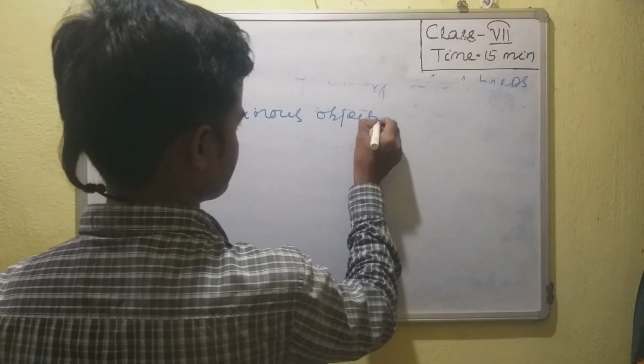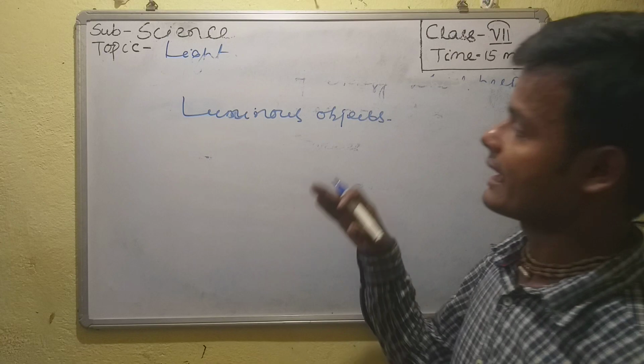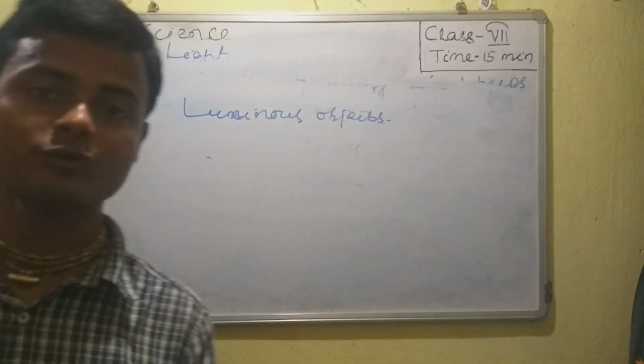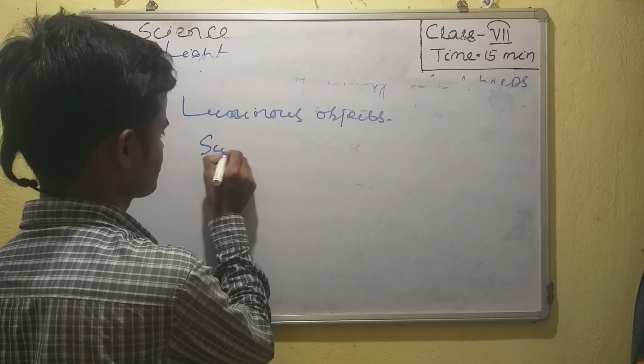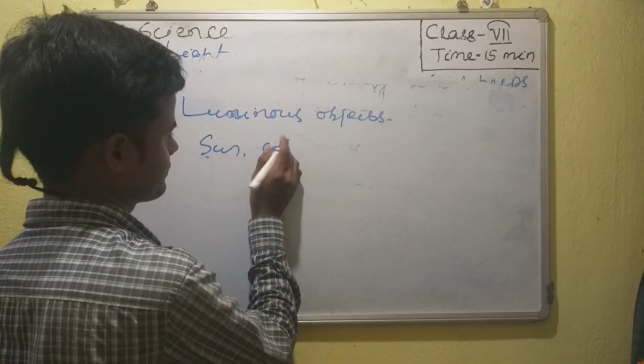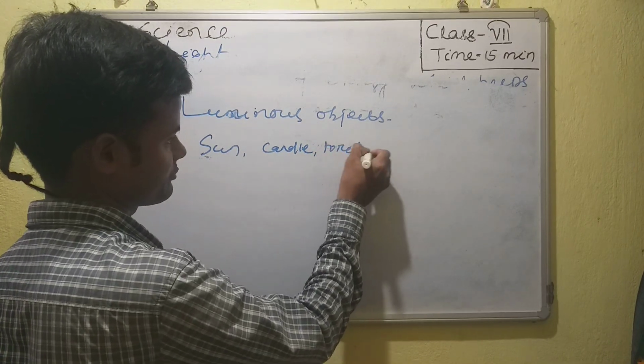Another one is non-luminous. Luminous means the objects which emit light, or the objects which have their own light. For example, sun, candle, torch, these are luminous objects.